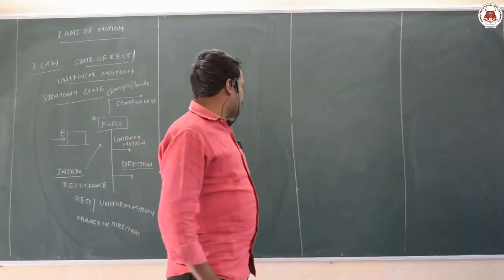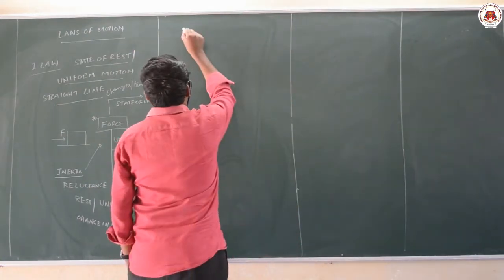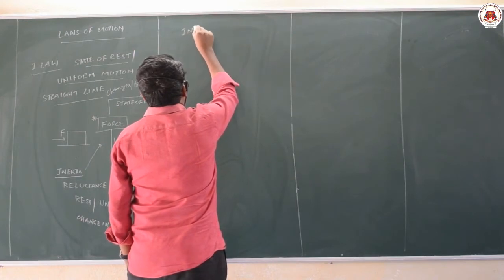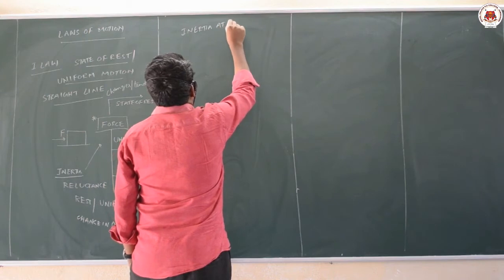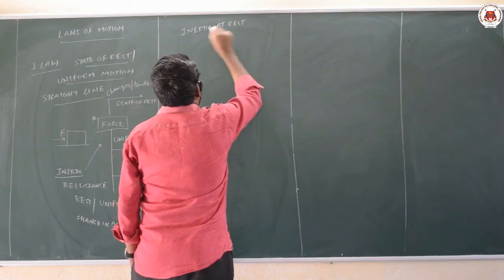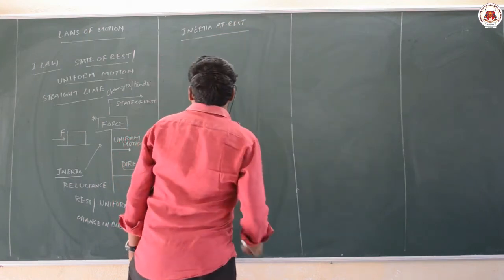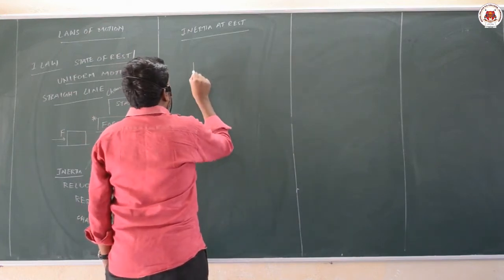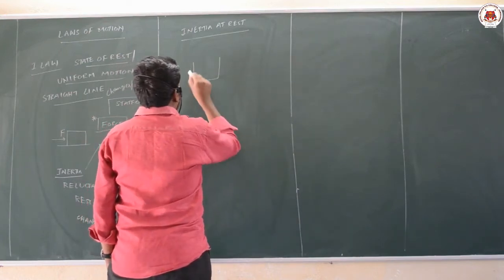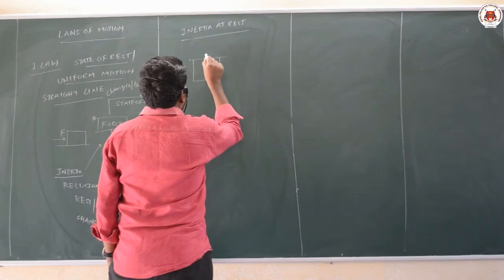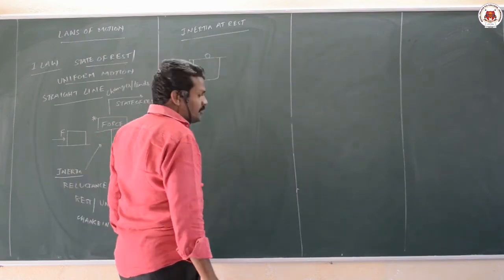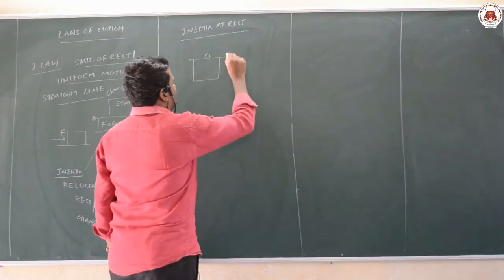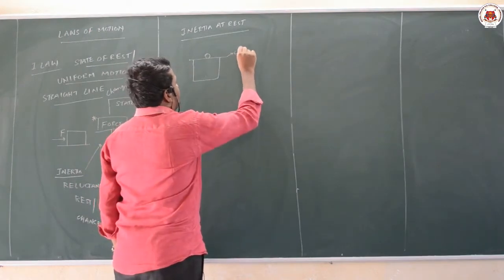One is inertia at rest. Inertia at rest states that body which is at rest wants to be at rest only. For this you can take one small example which you already studied in lower classes. There is a glass beaker, on that you placed a cardboard.